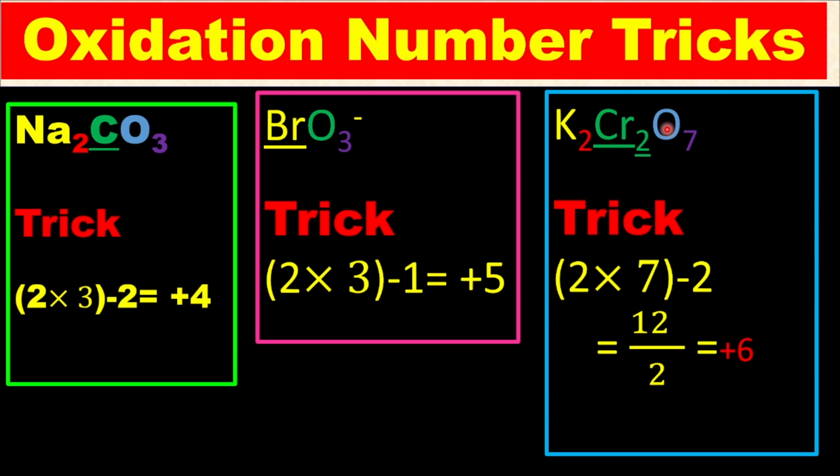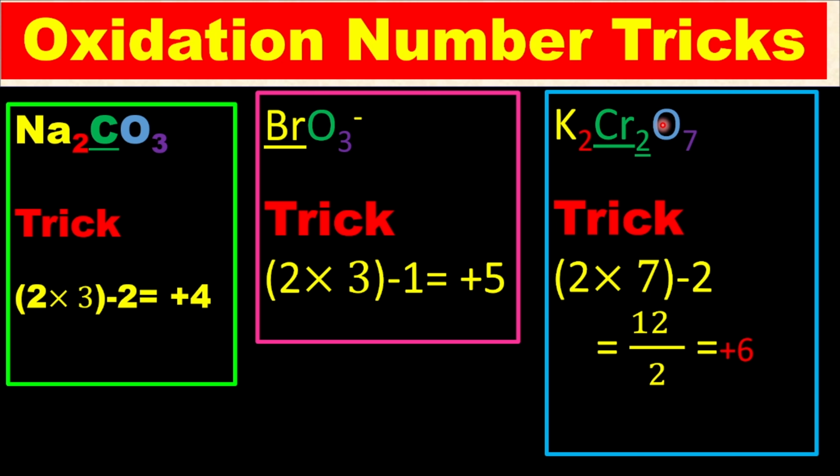Now let's take a complex one. So we are going to use the trick. We are not going to use the normal approach. Now let's see. As I said, we ignore the charge of oxygen. So 2 times 7, that is 14. Minus 2, because there's a number here, minus 2, and that will give you 12.